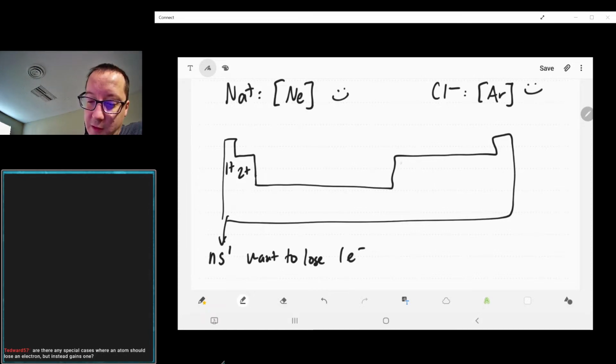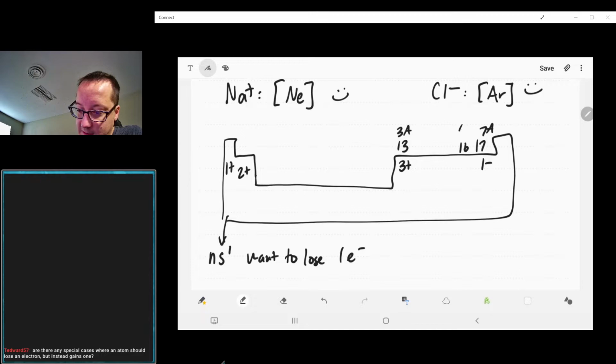As we move along here, we're going to see things in the third group, or group 13, or 3A, whichever one you're looking at, typically will form 3+. If we look at group 17, or 7A, those are typically going to form 1- ions.